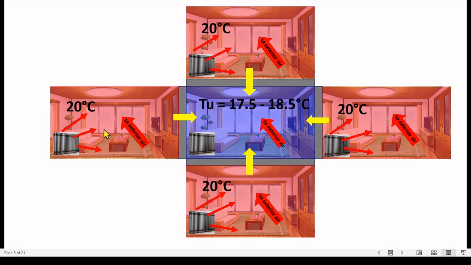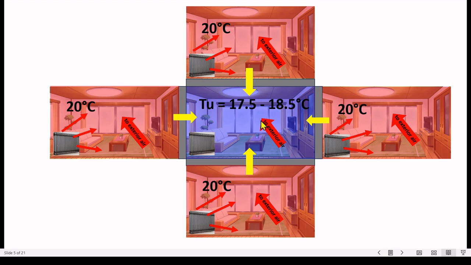The radiators in all four surrounding apartments will increase their thermal flows to compensate those flows going to the unheated apartment. That will generate a total increase of the bill for all those four apartments.